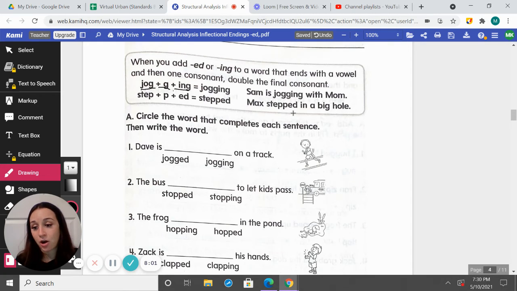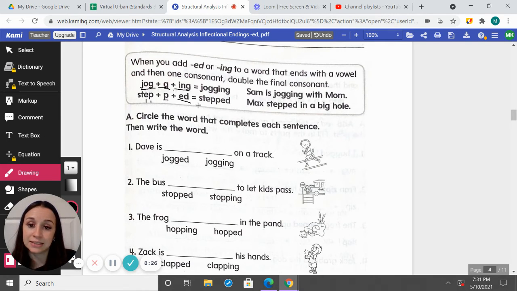When we have a vowel and then a consonant, we double that consonant, so add another one, and then put our ing or ed. So we have step, we see a vowel, then we see a consonant, and that's how the word ends. So we know we need to double, make another one of those consonants, so add another P, and then we're saying stepped in the past, so then we add our ed.